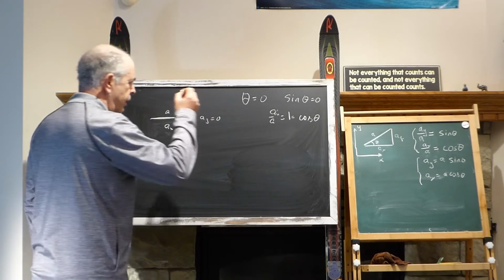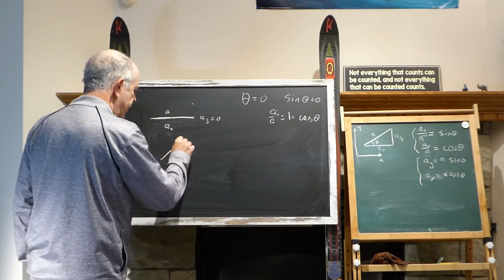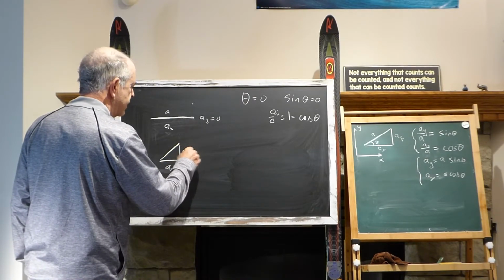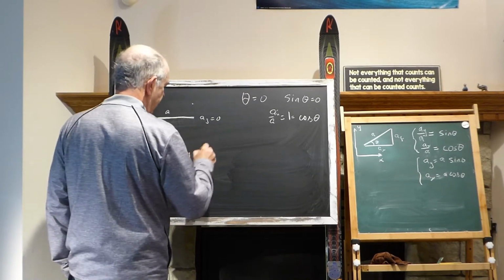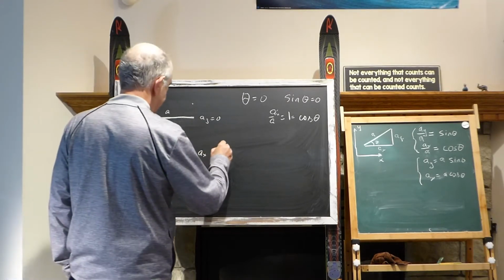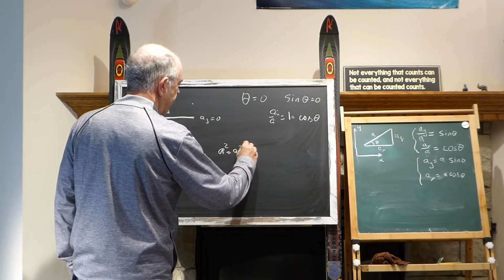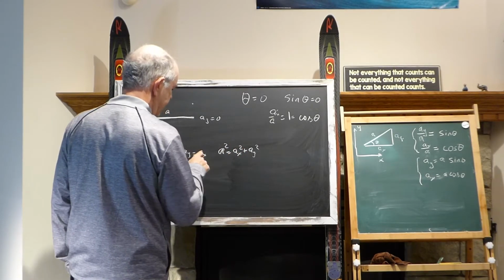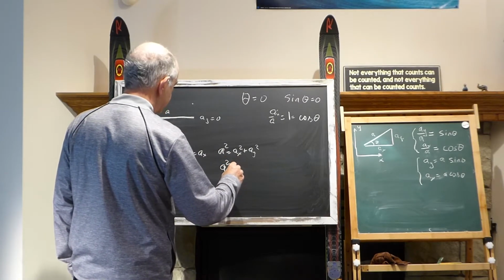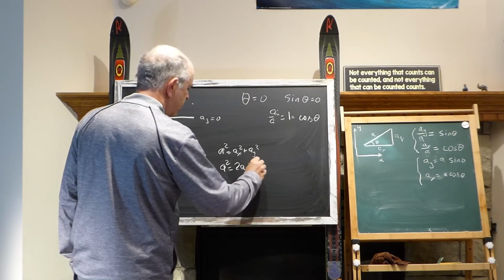Okay, let's for example take a little bit bigger angle. Let's take 45 degrees. We have this, and those are the same, and this is A, and this equals AX. So we can write the Pythagorean theorem, A squared equals AX squared plus AY squared, but I just said that these are the same, so A squared equals 2AX squared.